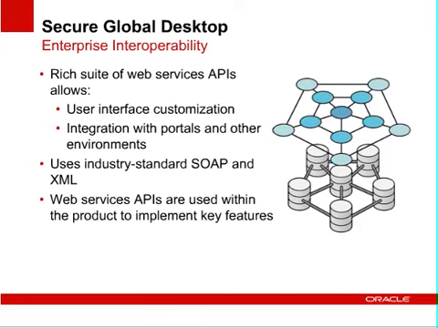These components use industry standard SOAP and XML protocols and data sets. So now you can integrate this with your other enterprise components and enterprise software, so that SGD feels even more seamless to the user. It can be part of your identity management suite, part of your access provisioning suite. All of those enterprise-based protocols are supported here.